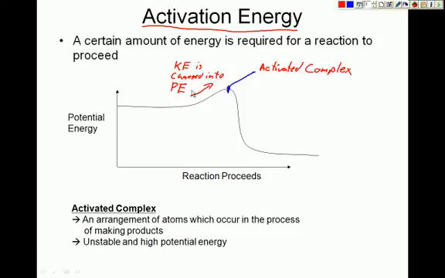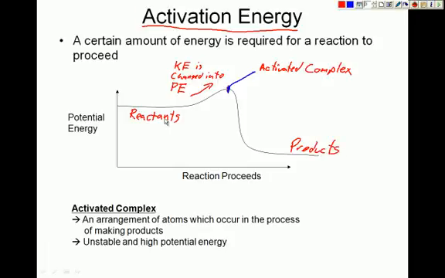So kinetic energy is changed to potential energy, and the molecules are full of potential energy, and we have this really weird arrangement of atoms which are between reactants and products. So on this side we would have reactants, and on this side we would have products.